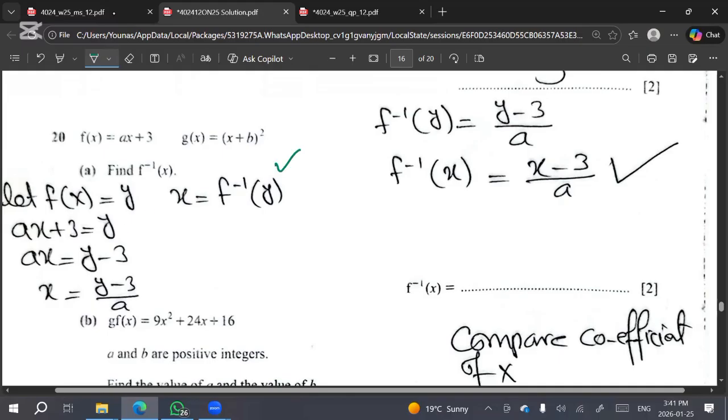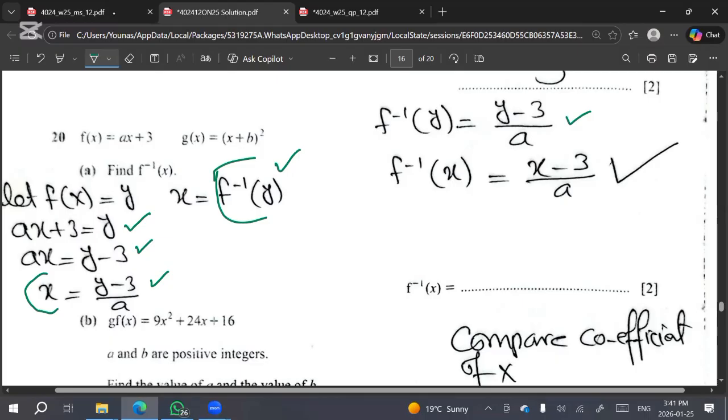Here I will make the x subject of the formula. So you see x is equal to y minus 3 by a. So in the place of this x, I can write this value. So I wrote f inverse of y is equal to y minus 3 by a. Then I will change the variable.